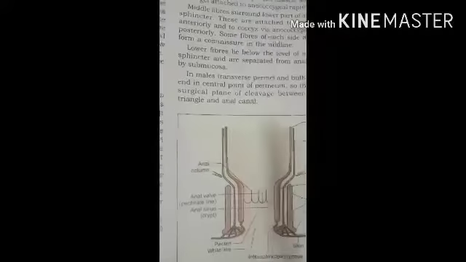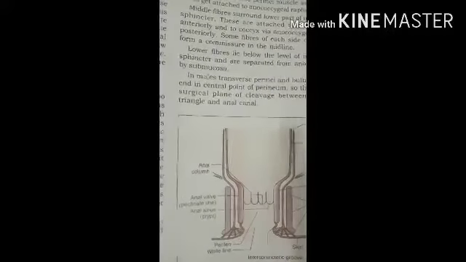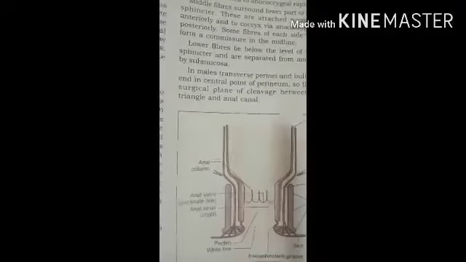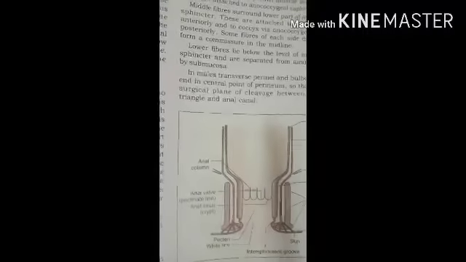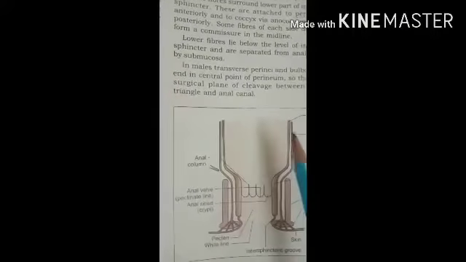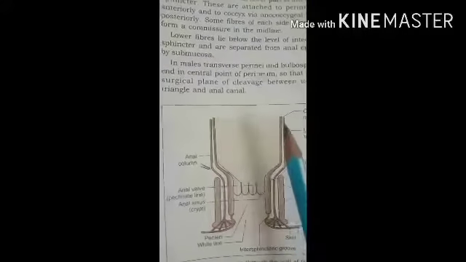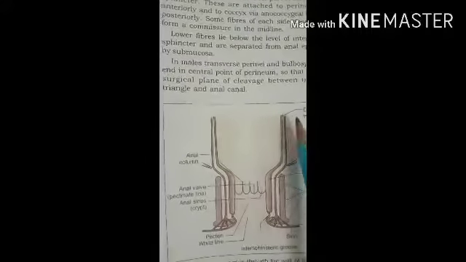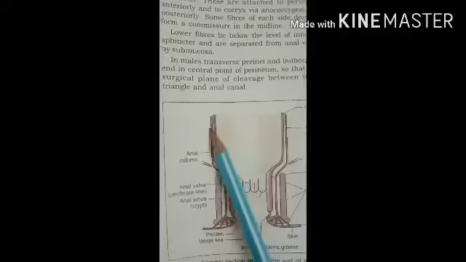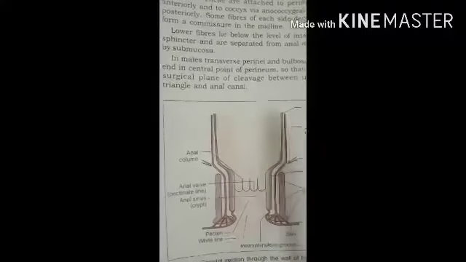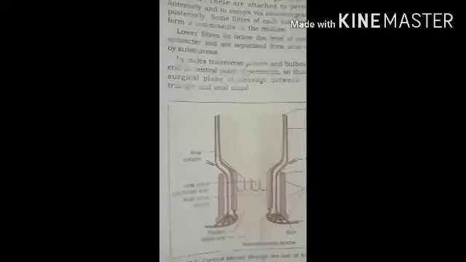Then the outer muscular layer, which has an inner circular muscular layer and an outer longitudinal muscular coat, and the outermost side is covered by the adventitia. Okay. So this is the histology of the rectum.